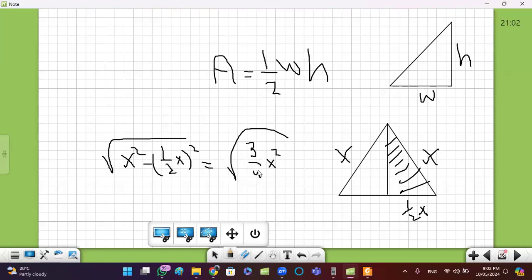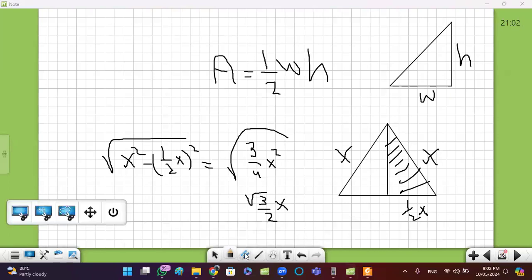Now, what is the square root of X squared? X. Right. What is the square root of 4? 2. And we have root 3. No, teacher, I didn't understand. How did we get that number 3?